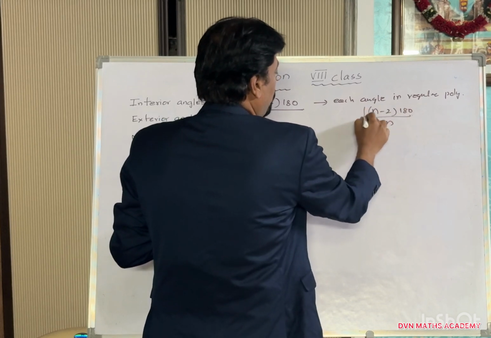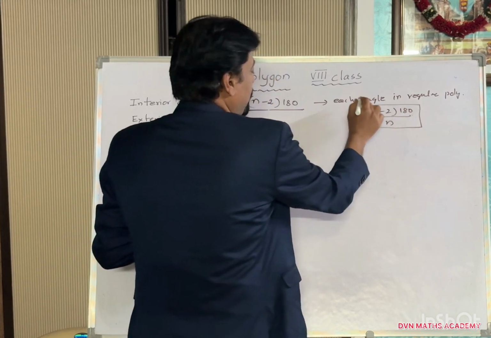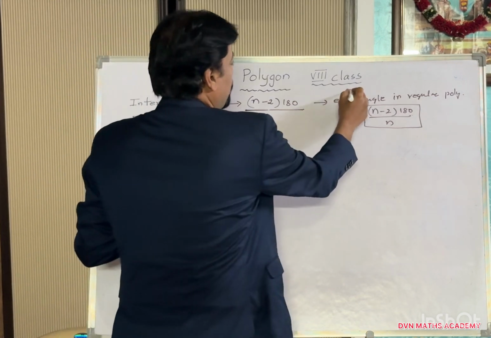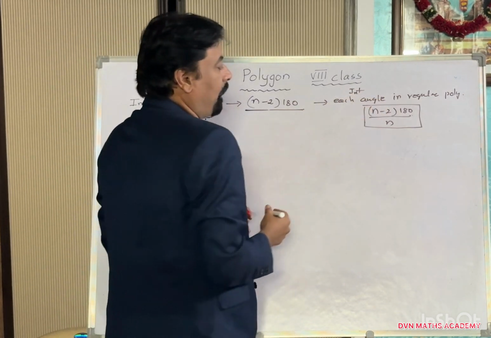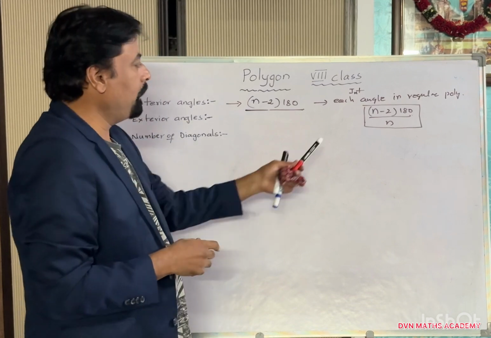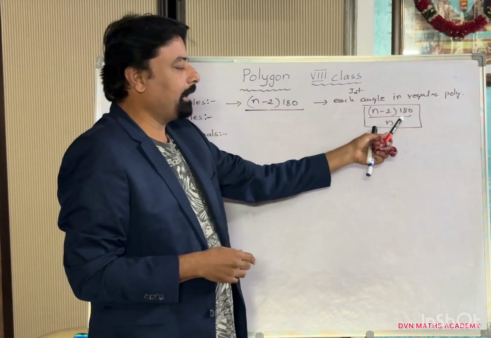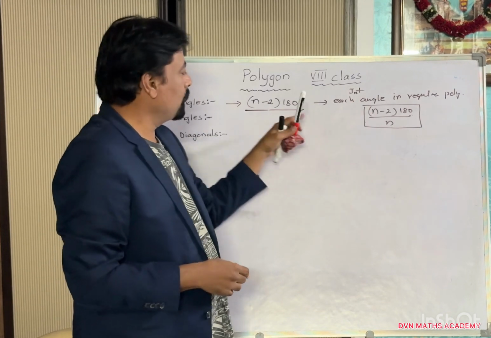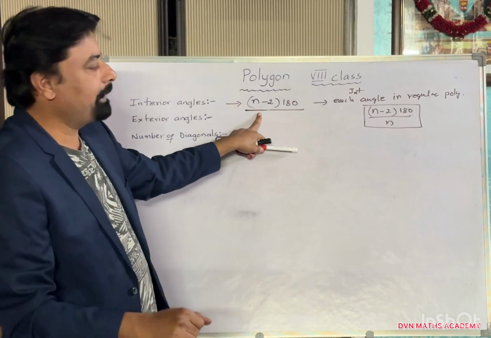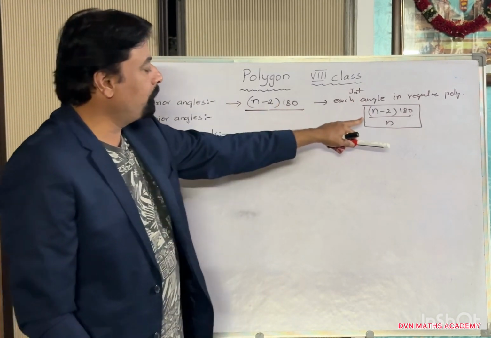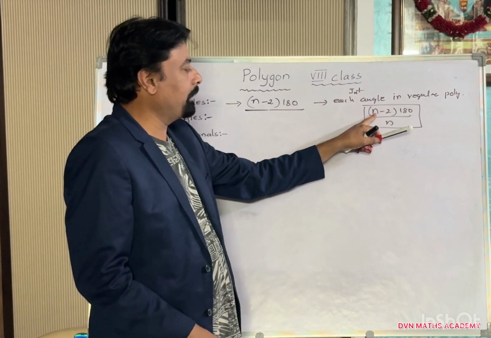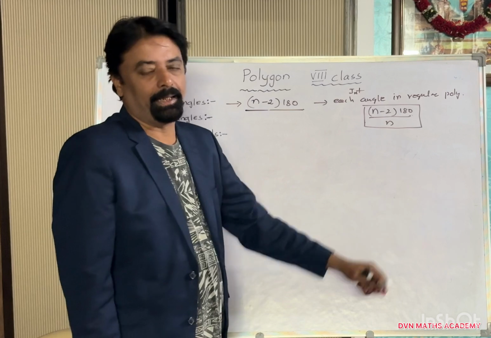So this is the formula to find each interior angle of a regular polygon. The earlier one is the sum of all interior angles, and this formula indicates each interior angle of a regular polygon, that is (n minus 2) into 180 by n.